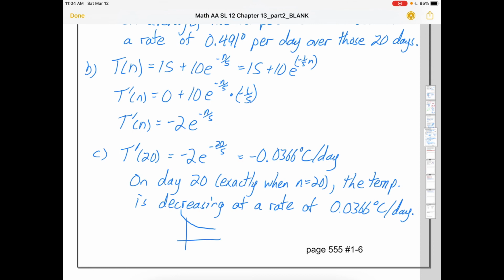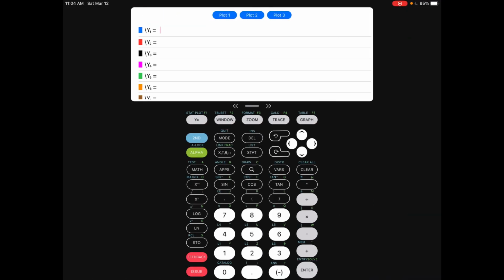One other way that we could have answered part C is by not relying on part B. Instead, I could type in the original function here. So 15 plus 10 e to the power of negative, and again I'm going to use my fraction button, x over 5.